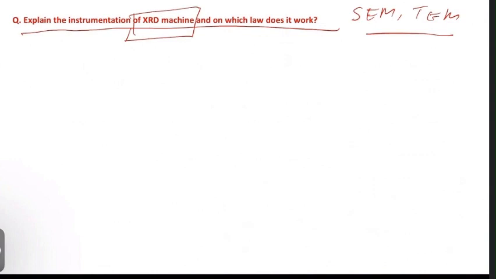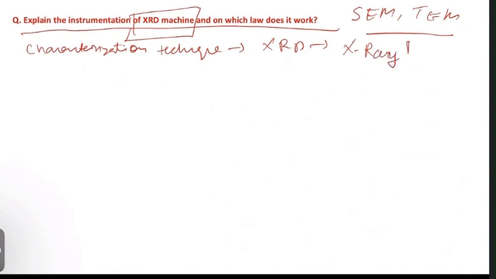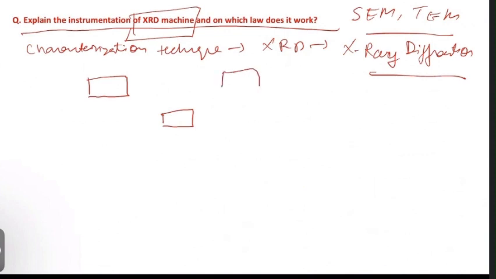Now we have to discuss another characterization technique, XRD, which is called X-ray diffraction. I will draw a figure and you have to tell me which is the source and which side should be the sample.